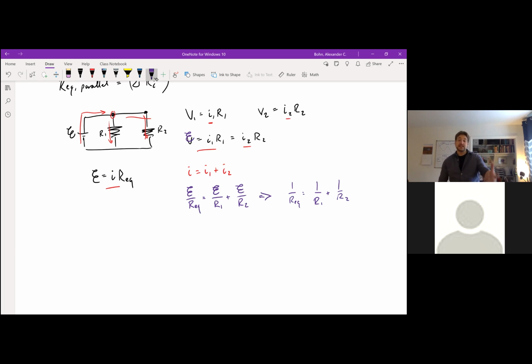So if we see an arrangement of resistors, we can simplify it if we can recognize it as series and parallel. We can always.